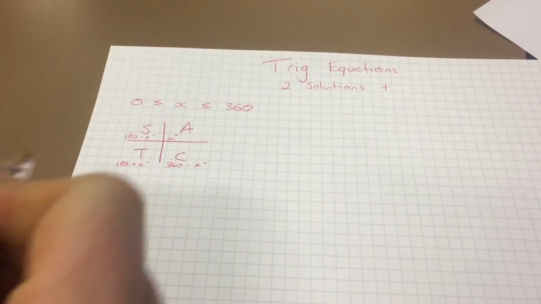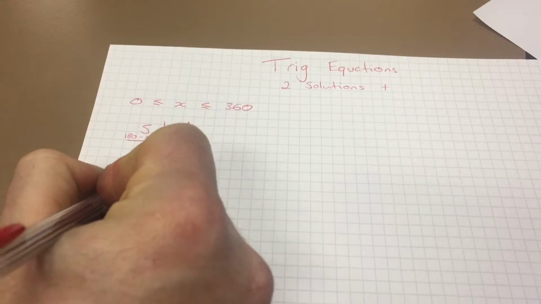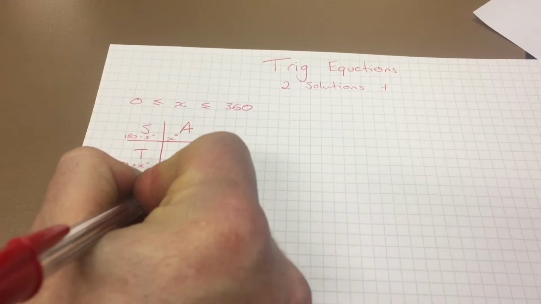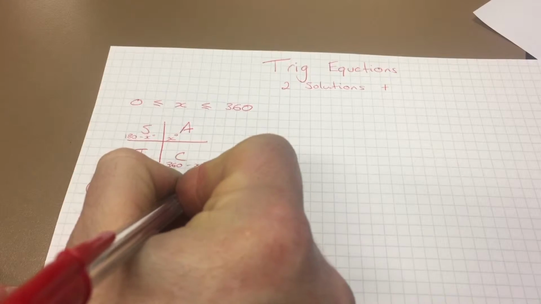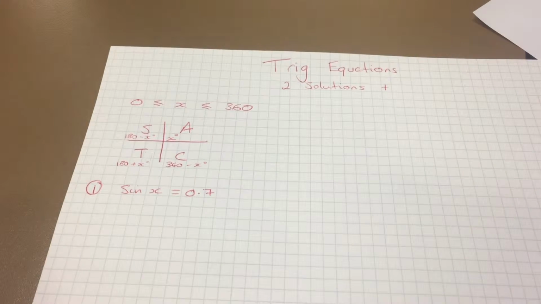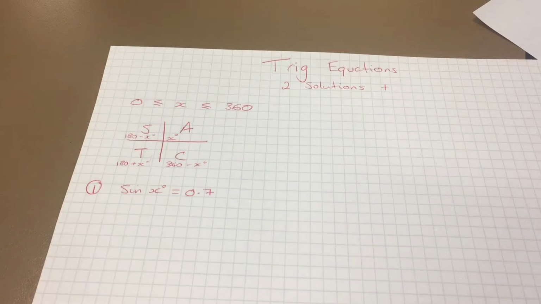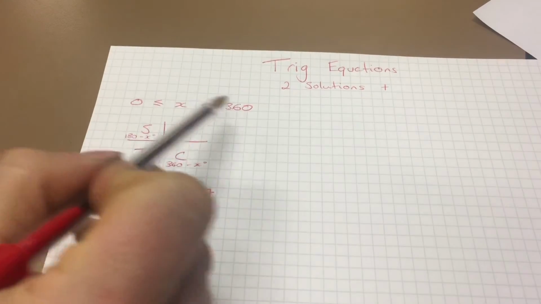So let's get started. Start off nice and easy. sin x equals 0.7. Let's work out what x is for this. I want the two solutions that would occur between 0 and 360.